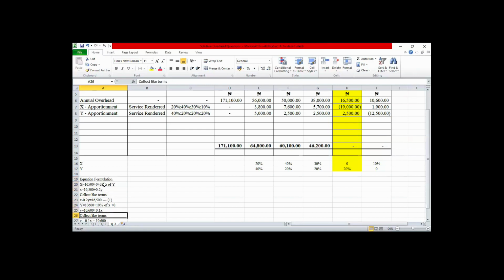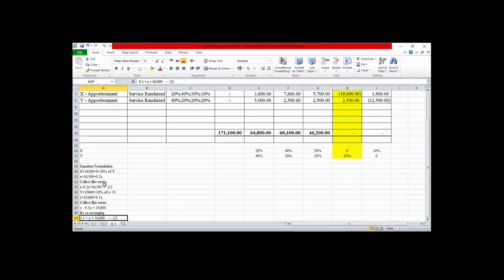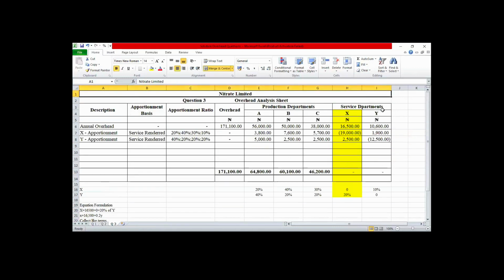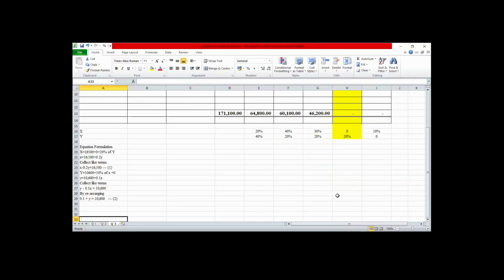Then we move ahead and do the same thing for Y. Our starting point here is that Y equals 10,600 plus 10% of X plus 0. Now, let's see how we come up with that equation.